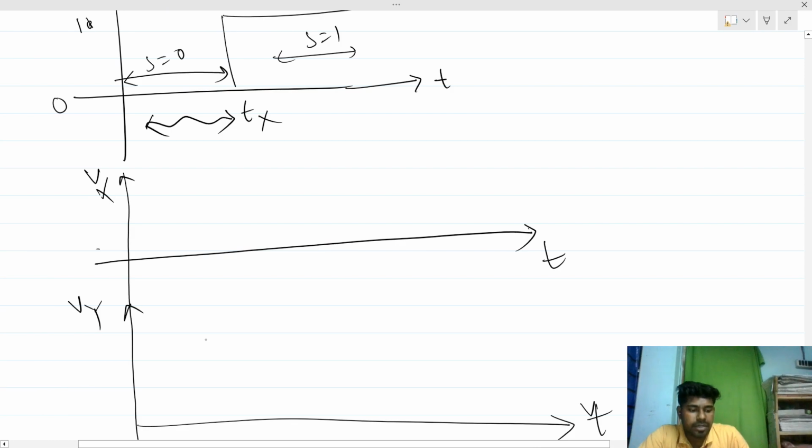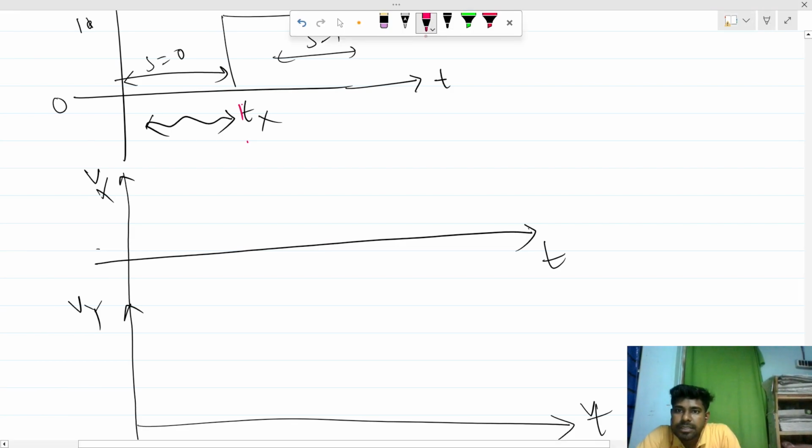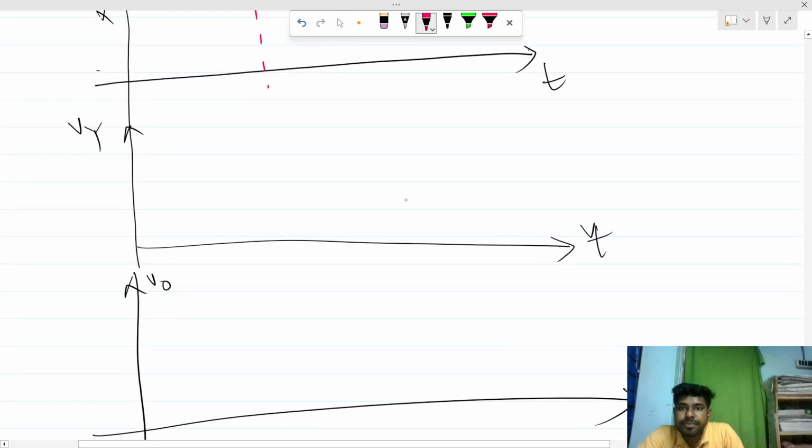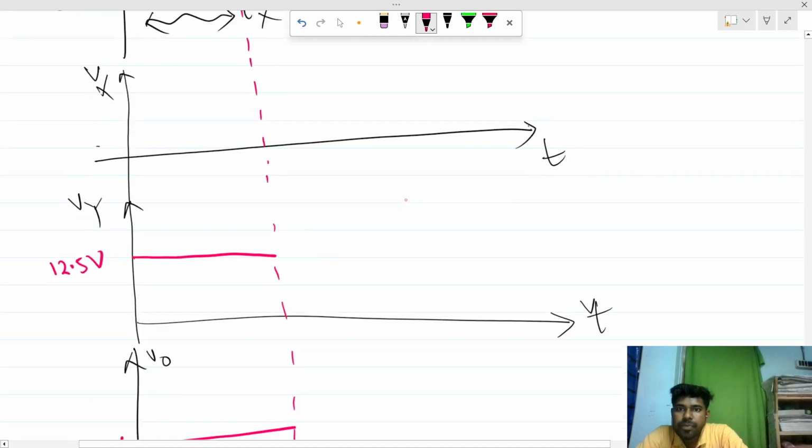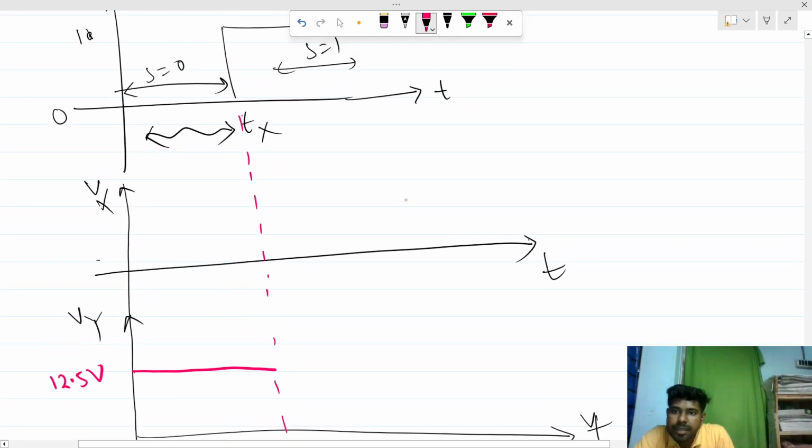Now if I plot that, this is Tx. You can see that this is 13 volt, output 13 volt, and Vx equals Vy is 12.5 volt.